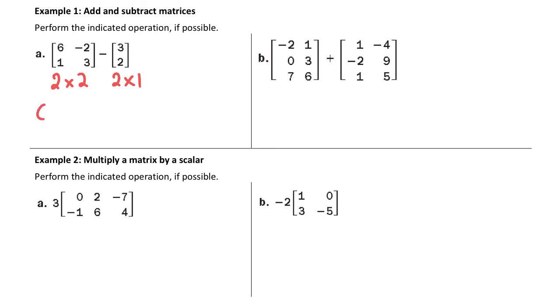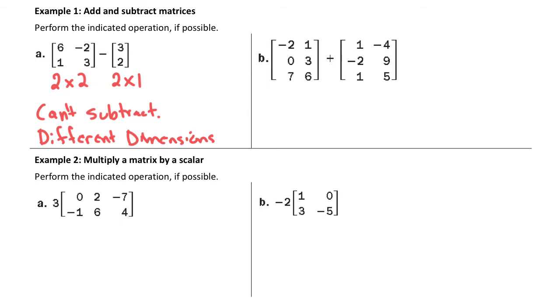So I would say something along the lines of, we can't subtract because these matrices have different dimensions. Or different dimension, however you want to say it. But 2 by 2 means 2 rows, 2 columns. 2 by 1 means 2 rows, 1 column.